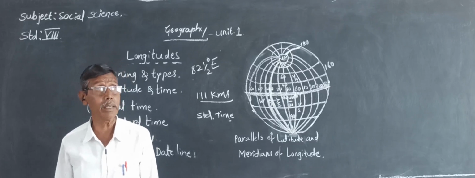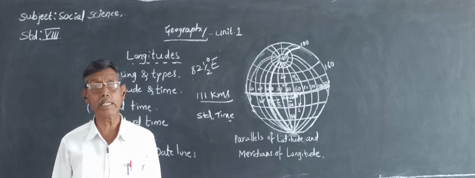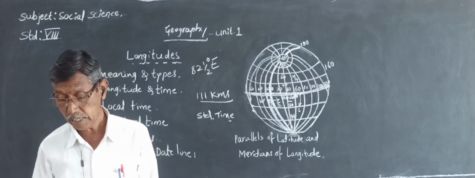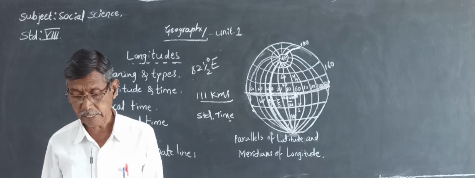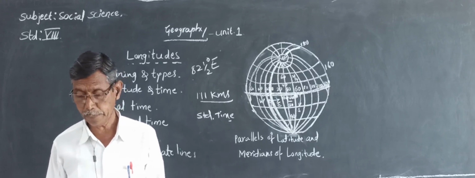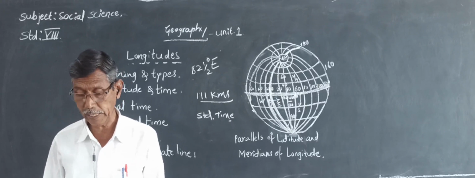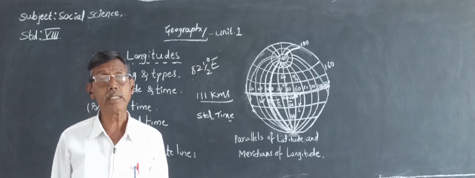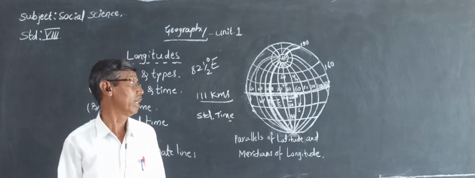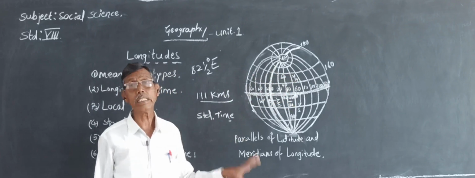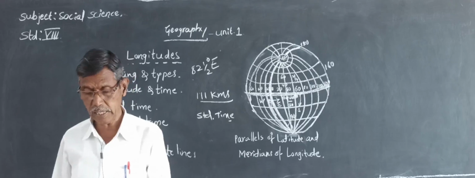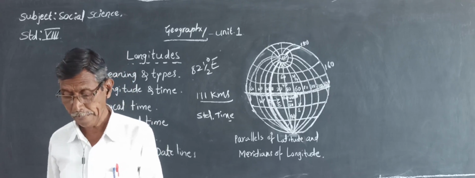To avoid such confusion or disturbances, time zones are created and the land surface is divided into time zones. The whole globe is divided into 24 such time zones.